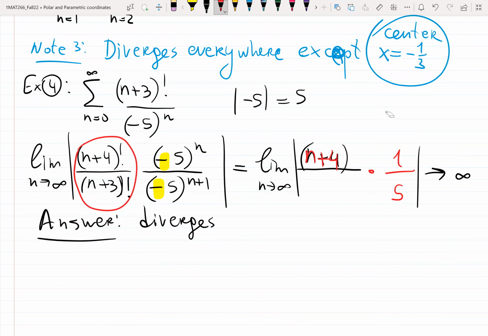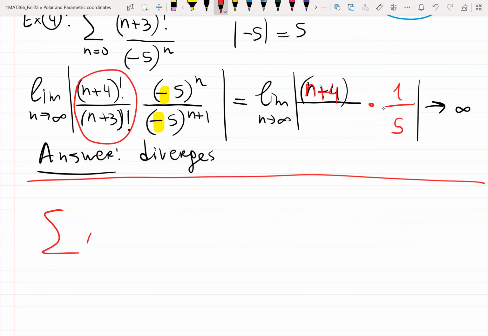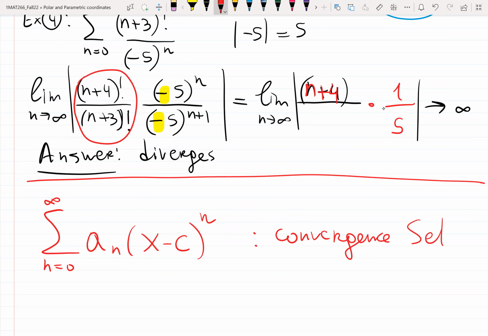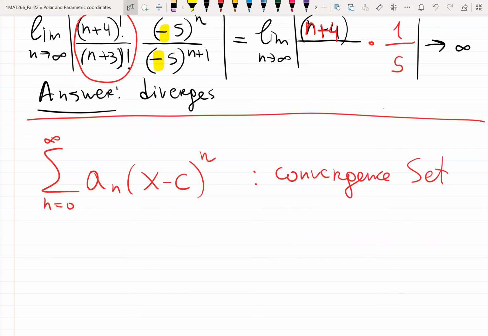For the series that involve x, the sum of a_n (x minus c)^n, that's how we call it, n is from 0 to infinity, that one has a convergence set. And that's why I keep asking you to find the convergence set. Remember we had a table I showed you.